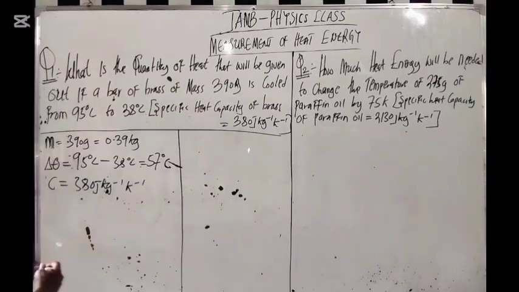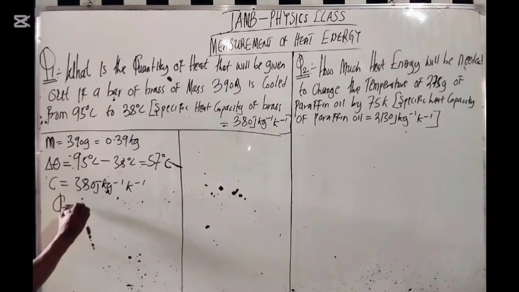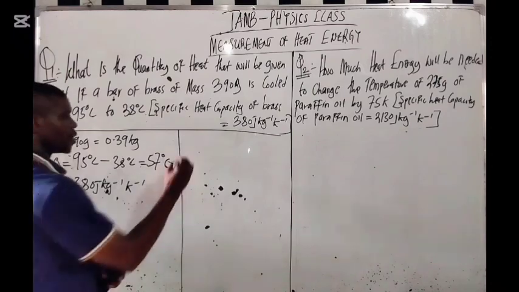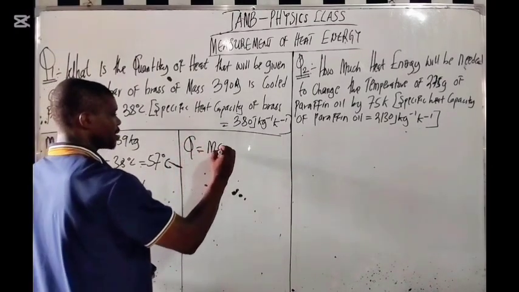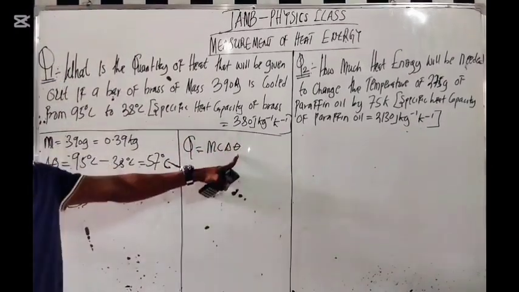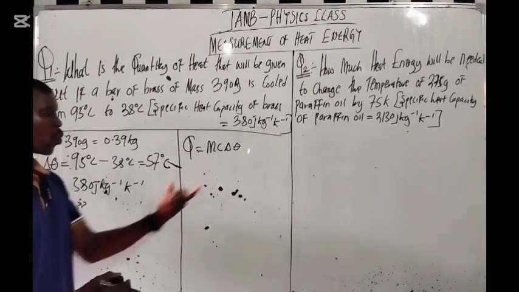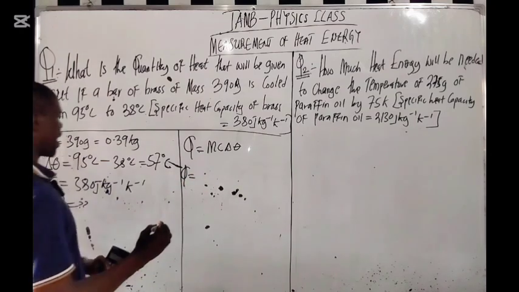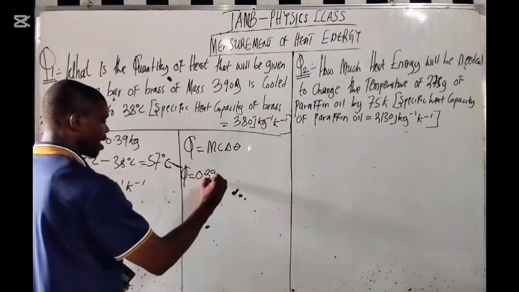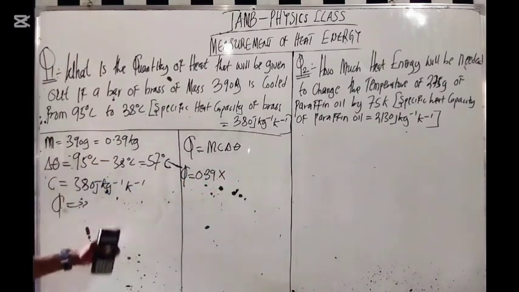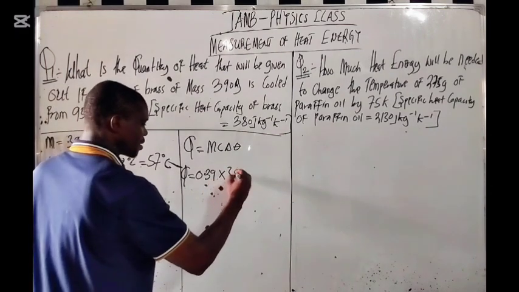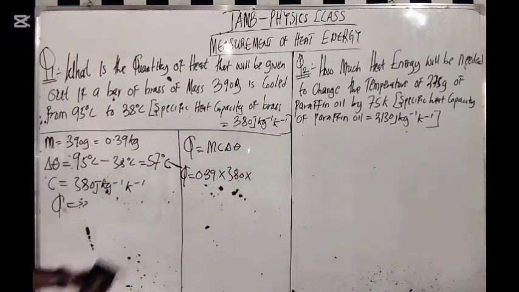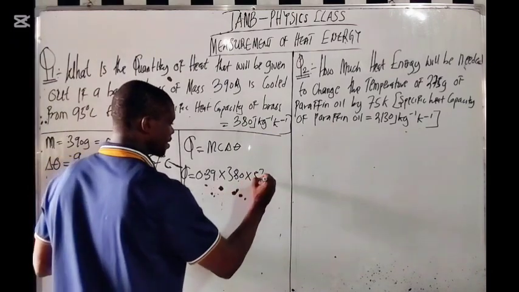Hope you understand. Now we are being asked to calculate the quantity of heat, which is Q. So what is the formula? Q is equal to mc theta, the change in temperature. What you want to do is put in your values. Q equals my m, which is 0.39, times my c, which is 380, times my change in temperature, which is 57.